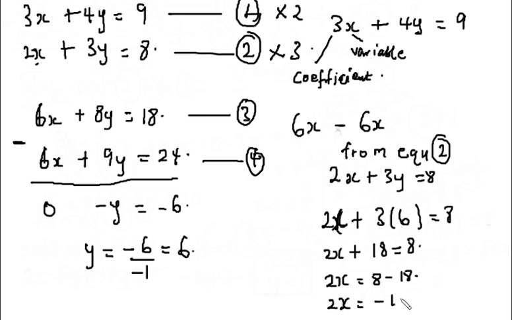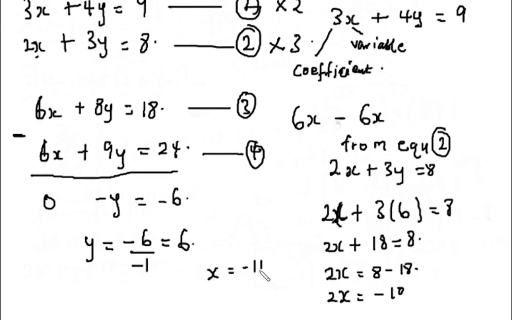So for our value of x, x is equal to minus 10 divided by 2, which is minus 5. This means that y is equal to 6 and x is equal to minus 5. That's how to solve simultaneous linear equations using the elimination method.